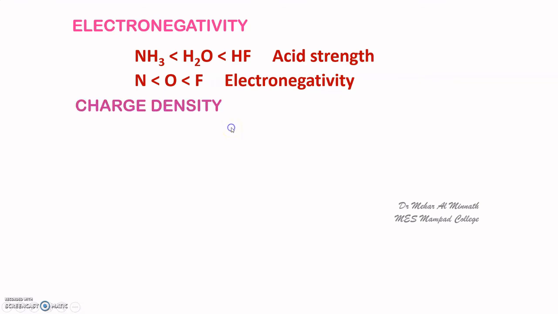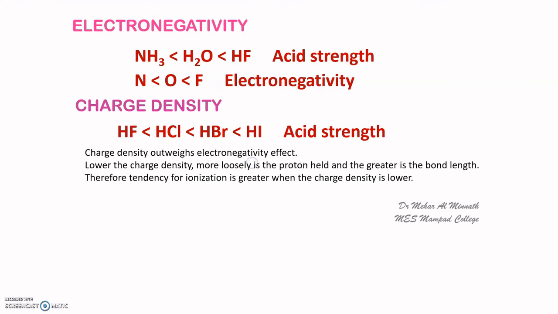Now, the charge density also decides the strength of acids and bases. When you take the hydrogen halides, HF is the least acidic and HI is the most acidic. That is because of the variation in the charge density.